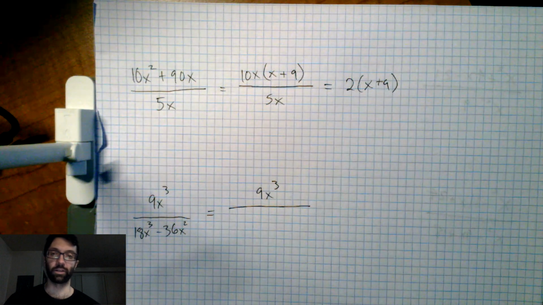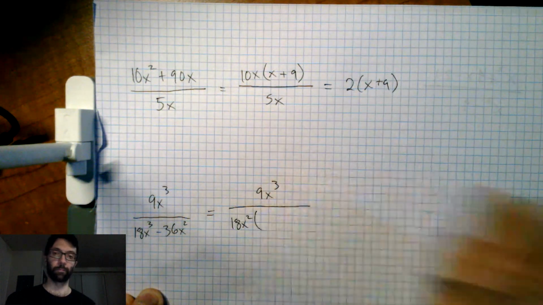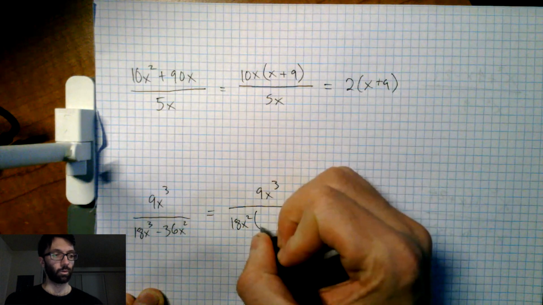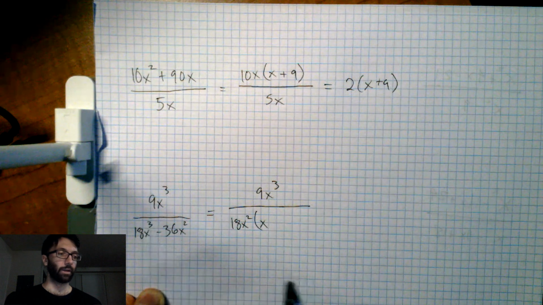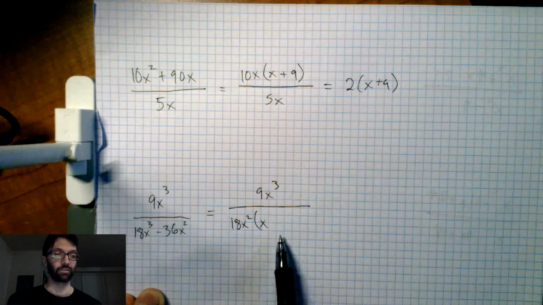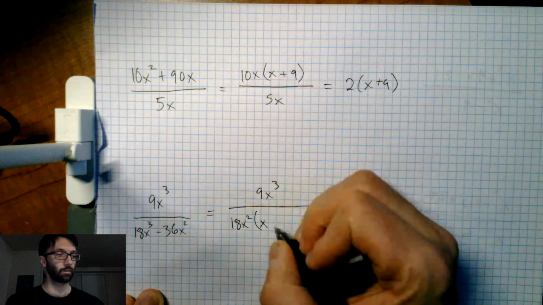And it looks like that's going to be 18x squared. 18x squared times x will give me my 18x to the third, and 18x squared times negative 2 will give me my negative 36x squared.